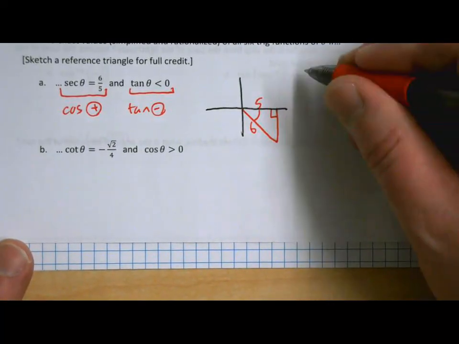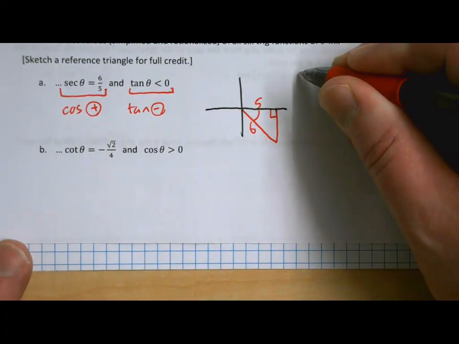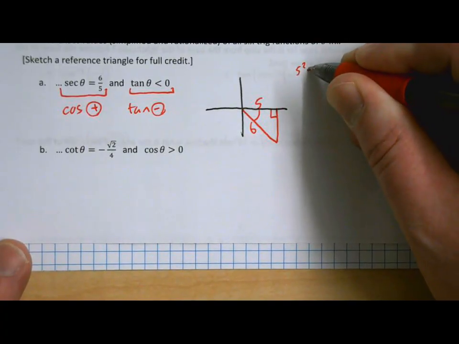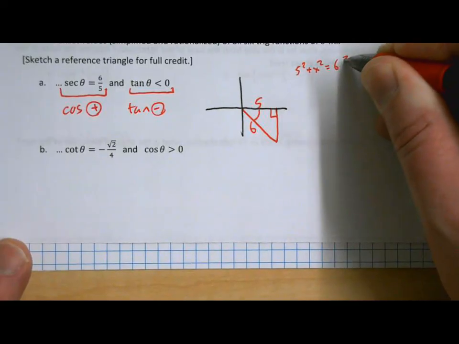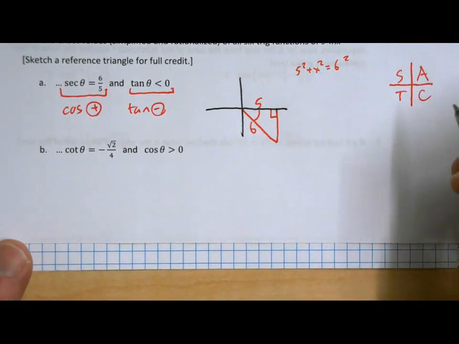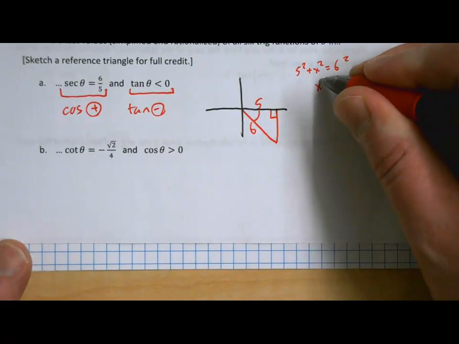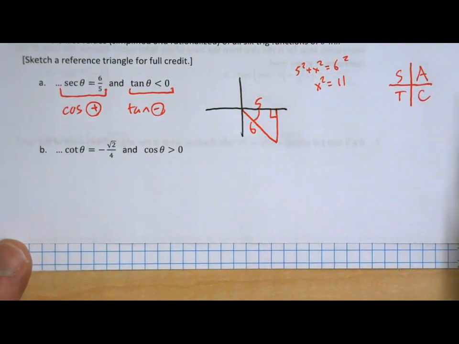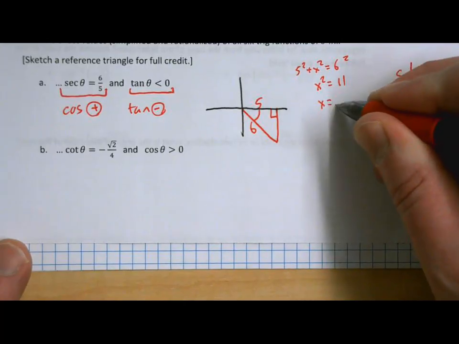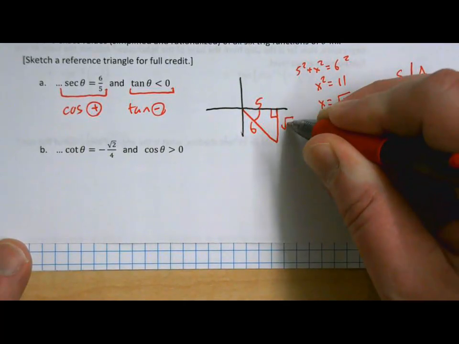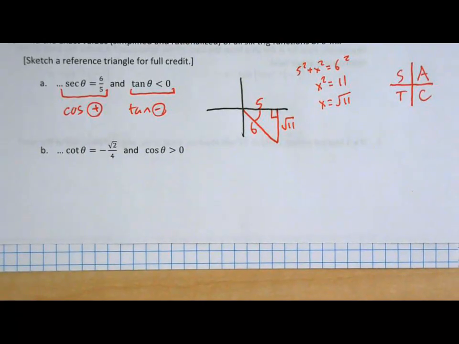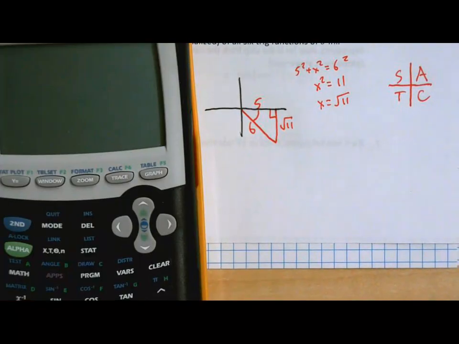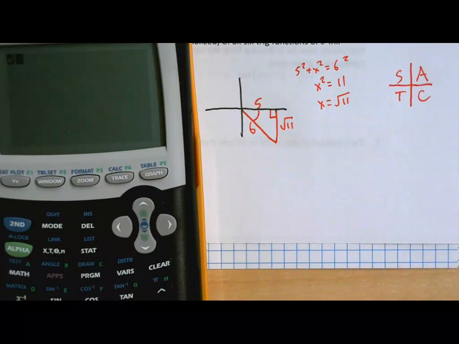I'm sorry about that. 5 squared plus x squared equals 6 squared. Let's see, 36 minus 25 is 11. So x is root 11. Is that right? 5 squared plus 11 is 36, yes. Okay.